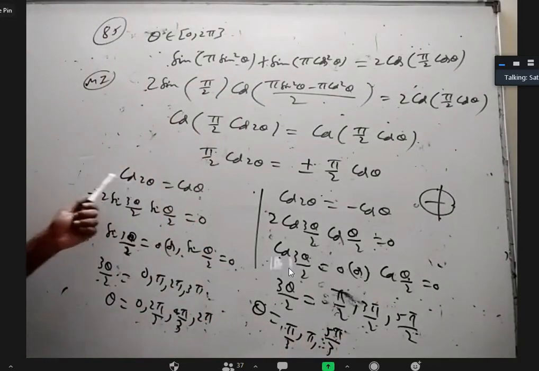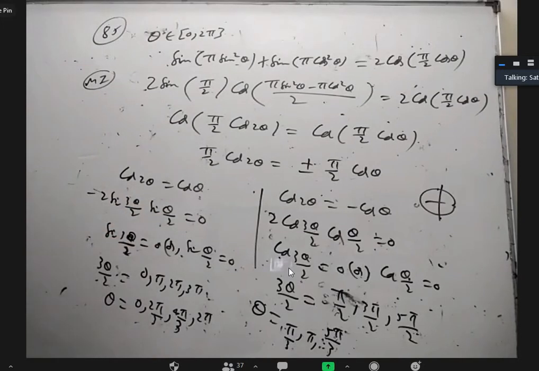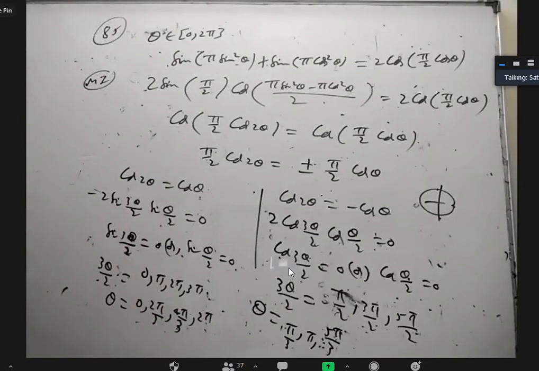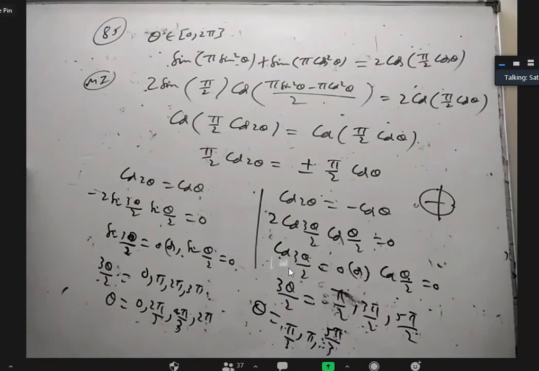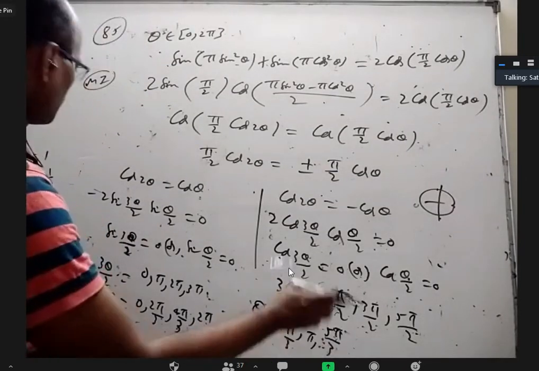Otherwise, I can write 2 cos square theta minus 1 for cos 2 theta, and this is a quadratic equation in terms of cos theta, find the roots. Here also 2 cos square theta minus 1 and find the quadratic equation. In fact, what should come? The roots for cos theta, cos 0 is 1 should come as a root, cos 120 is minus 1 by 2. Here roots are 1 by 2 and minus 1.